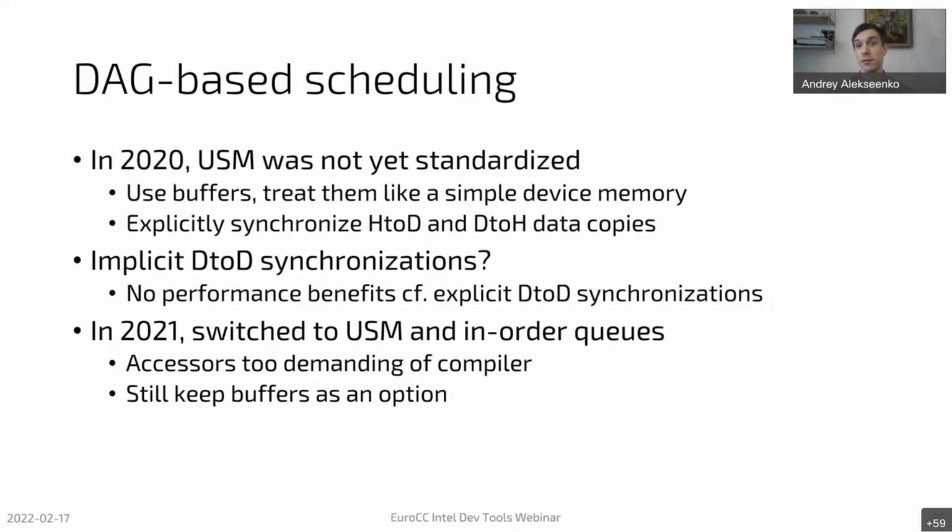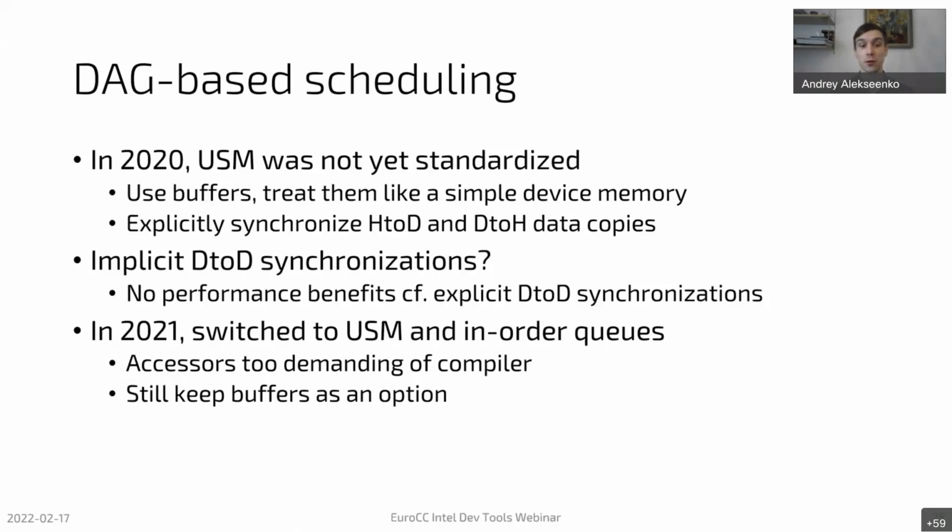We're still keeping buffers as an option, so you can still compile GROMACS and force it to use SYCL buffers as underlying storage, because we are still interested in exploring what task scheduling can do, but it's not the main approach. And another thing that forced us to switch to USM is that in some cases, using accessors in complex kernels led to underwhelming performance by the compiler optimizer.